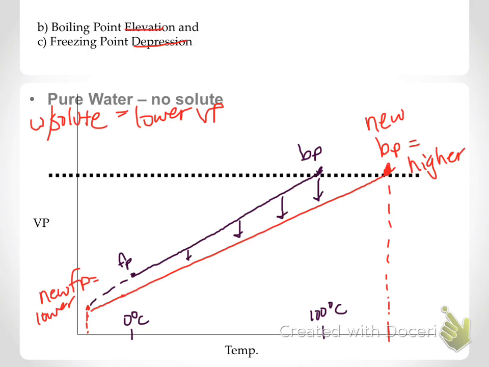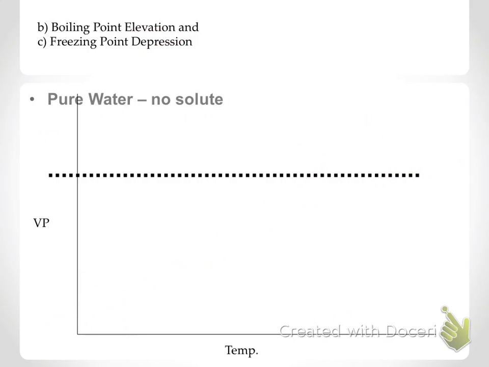There's another ramification here that I think is very, very interesting, and that's if I take away the vapor pressure lowering line. So let me get rid of that. And if I draw in just, again, the pure water line, so I have 0 degrees Celsius here, and then water increases its vapor pressure until here, and then when it is equal to the atmospheric pressure, it boils, and that's at 100 degrees Celsius.